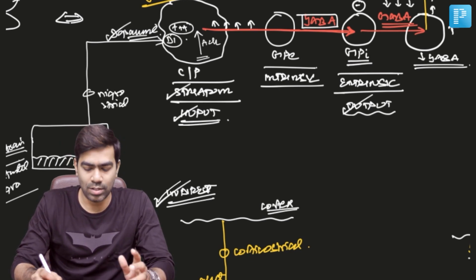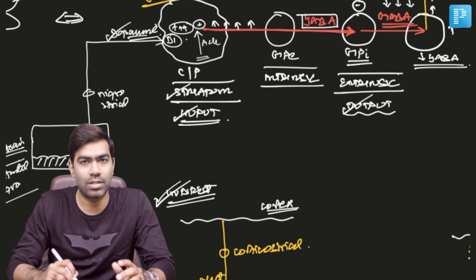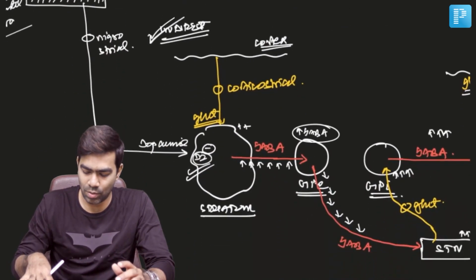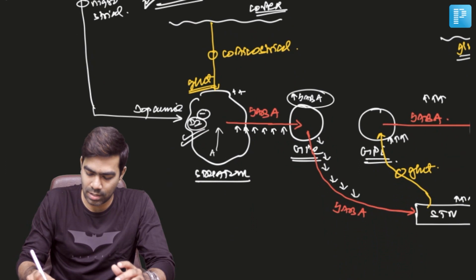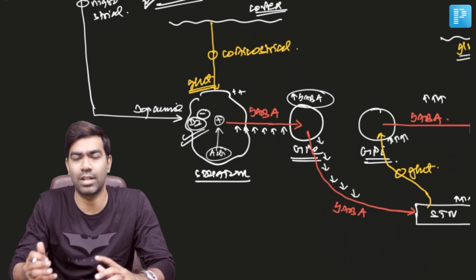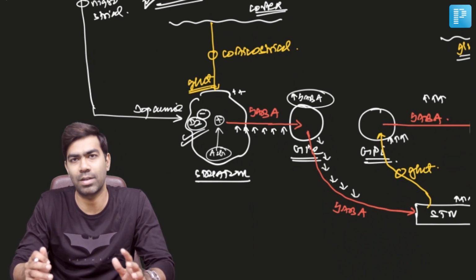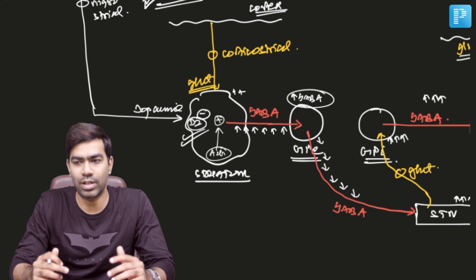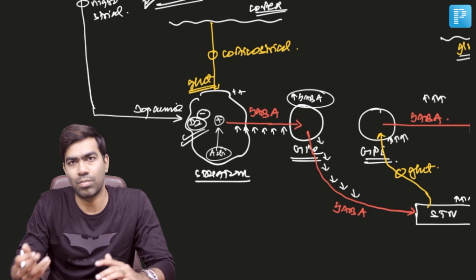And what is the role of acetylcholine? Acetylcholine is going to stimulate the direct pathway neurons, and they're going to stimulate the neurons of the indirect pathway as well, which means the role of acetylcholine is to potentiate both the direct pathway as well as indirect pathway. So if it's going to act on direct pathway, it's going to result in more activation of the cortex.